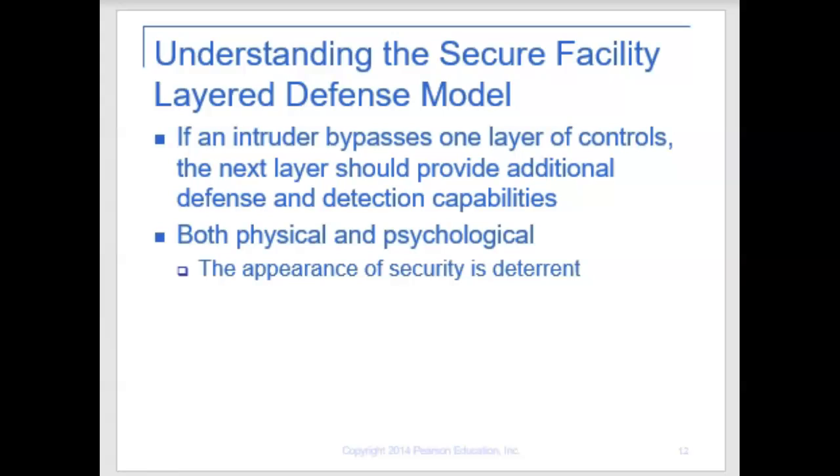Layered defense is both physical and psychological. And that's why the difference in the fence sizes. Most people, if they see a fence, won't even bother, right? It has a deterrence impact. The mere fact that it appears to be secure is in itself a deterrent by itself, right?